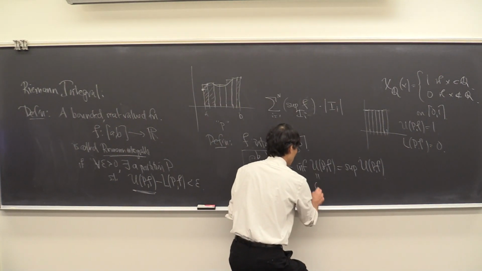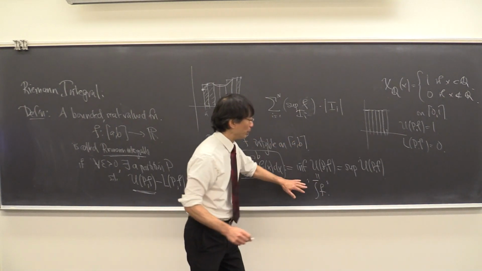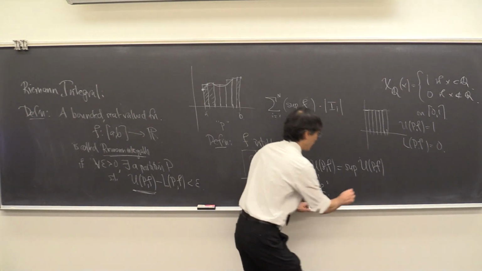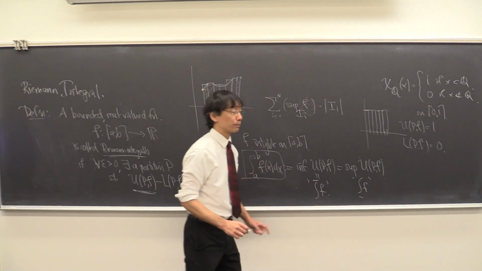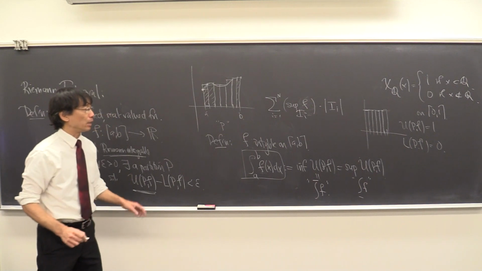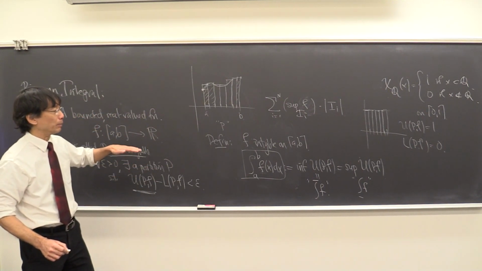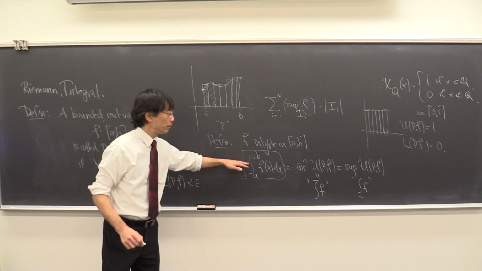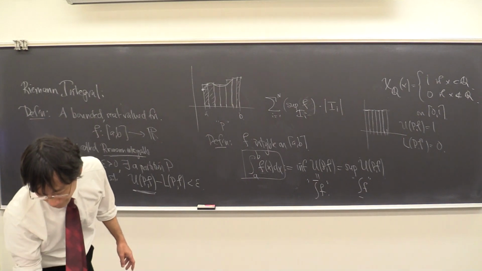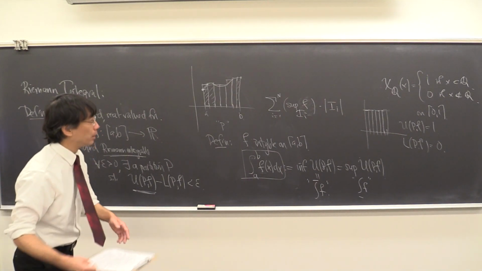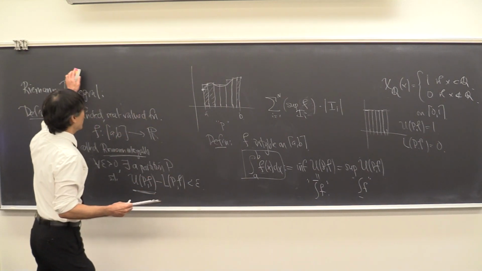This thing here is denoted like this, called the upper integral, and this thing here is denoted like this, the lower integral. As long as the upper integral and the lower integral equal each other, that's going to be the value of the definite integral. Okay, so these are just definitions that you've probably seen before.